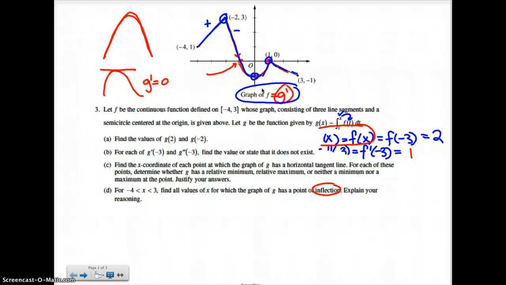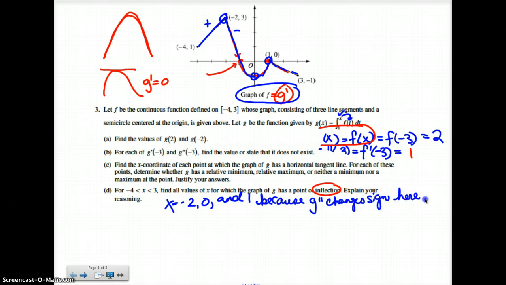Those are equivalent statements. So the best way to write this would just be to say at x equals -2, 0, and 1. And I can wrap those all up with the same reason. And I can just say one of two things. I like this one. I like to say because g double prime changes sign here.